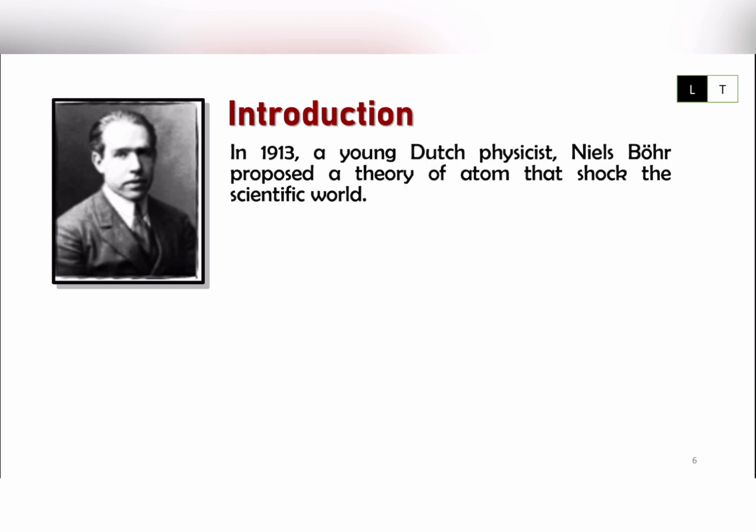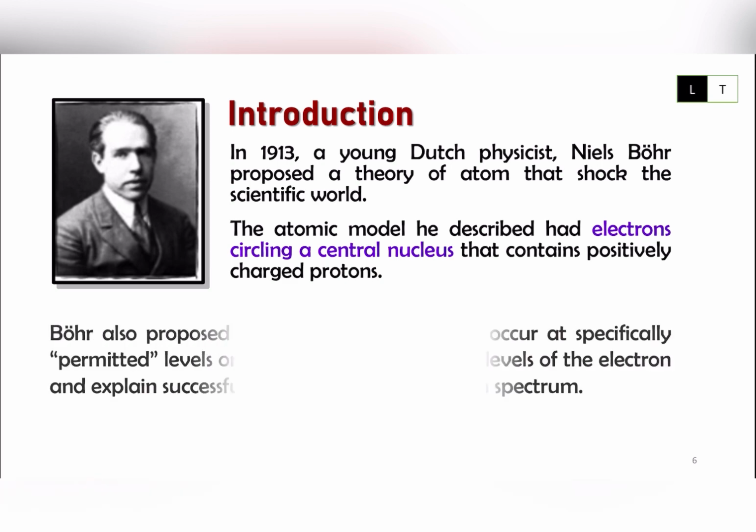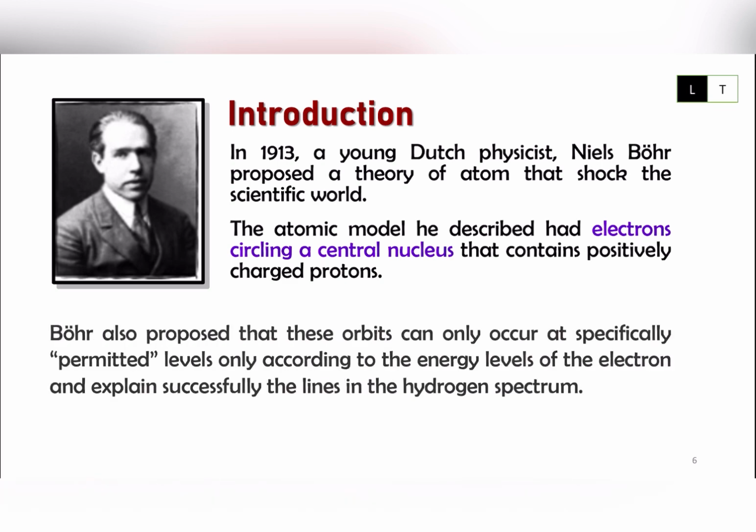This young Danish physicist, Niels Bohr, proposed a theory of an atom, which described that electrons are circling a central nucleus that contains positively charged protons. And he also proposed that this orbit can only occur at specific permitted levels. We call this the energy levels of electrons.